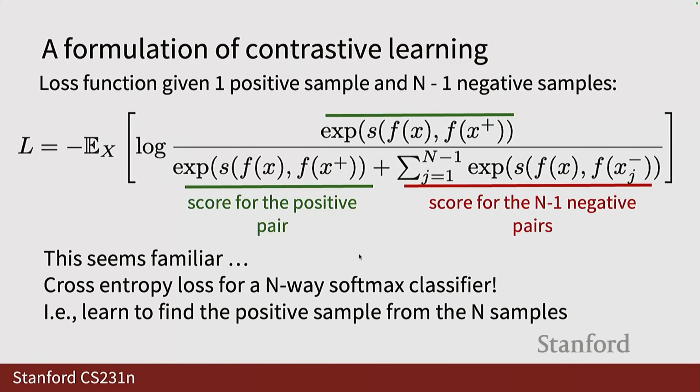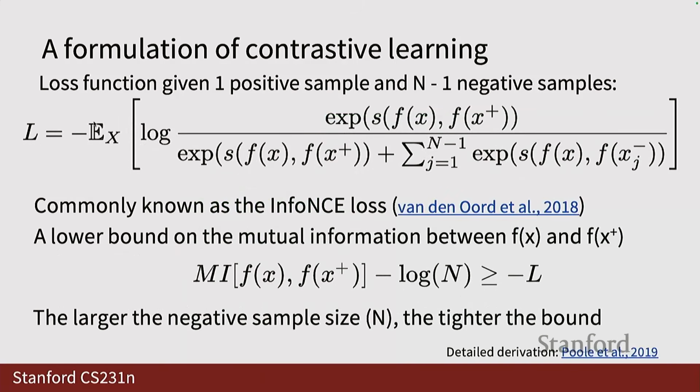It's the same story here. We want to maximize this score, but minimize the score between a negative and the reference. So it's the same concept that we discussed about multi-class classification, but put in the formulation of contrastive learning for this loss function.